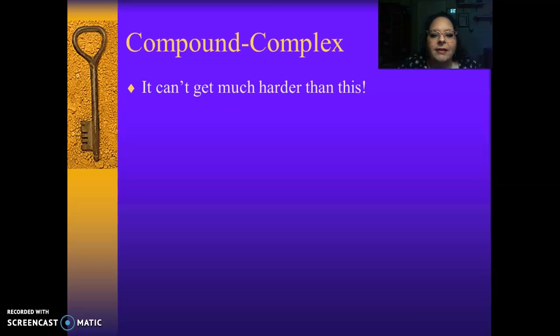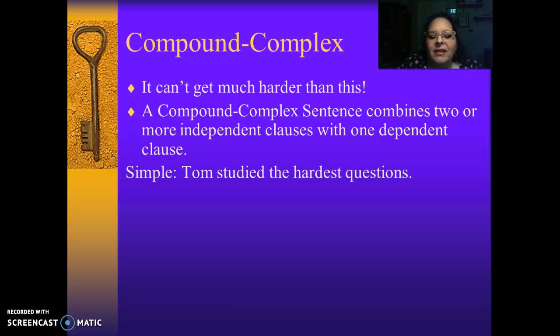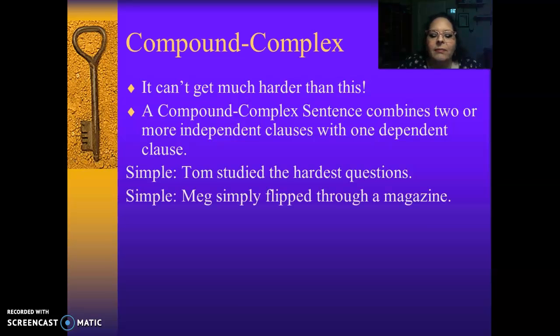Compound-complex, and it doesn't get much harder than this. This is when you combine a lot of sentences together. Two or more parents, one dependent or more. Tom studied the hardest questions. Perfectly good sentence. Meg simply flipped through a magazine. Perfectly good sentence. Before the exam started. Well, if you don't have the before, the exam started is a sentence.